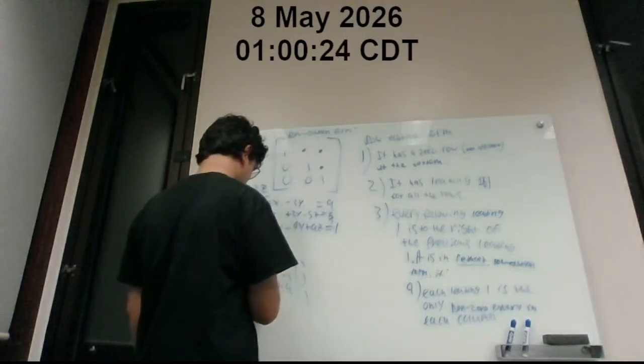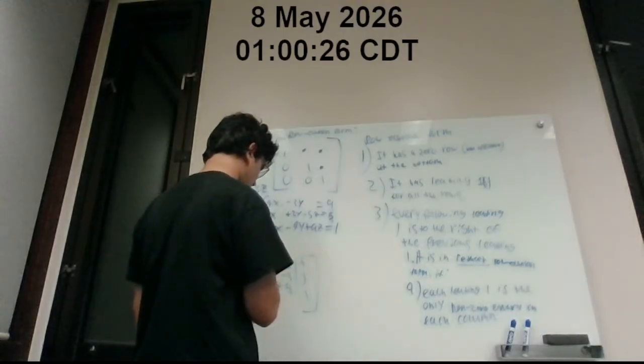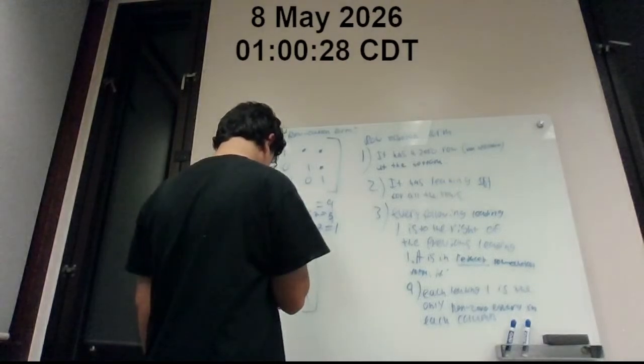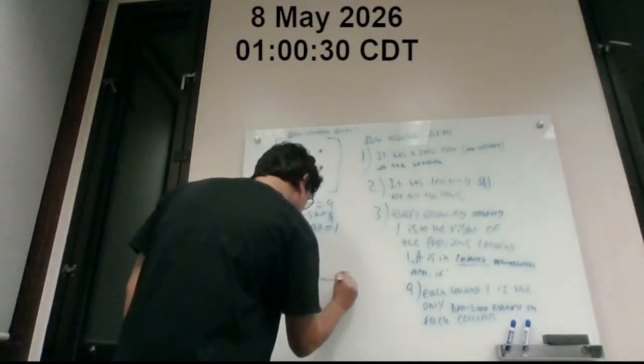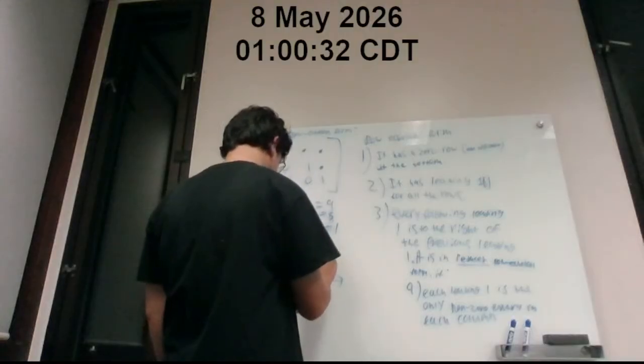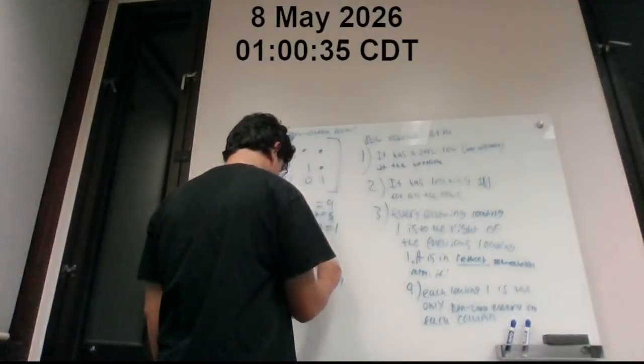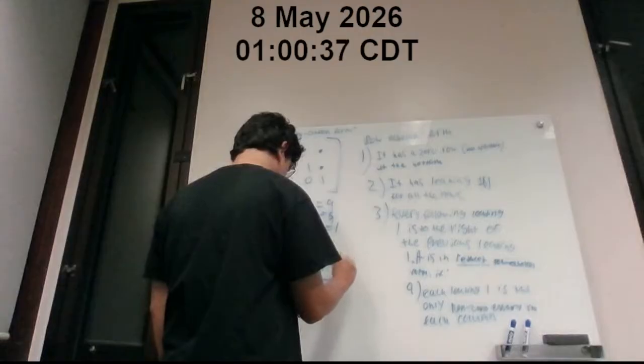I realized I subconsciously did 9 and 5 twice. Okay. So let's quickly row reduce this. R3 equals 3R1.